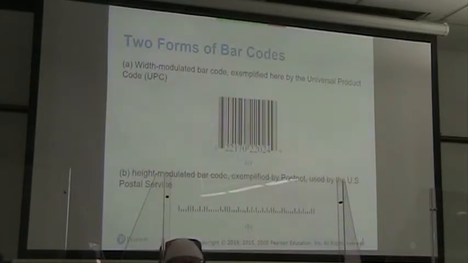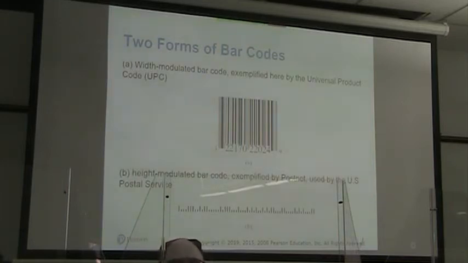So here we have an example of the Universal Product Code, or UPC, right? Where we have lines and spaces, and again, the lines and spaces have varying widths, so that it can be read into a machine and be eventually put out as an alphanumeric code.